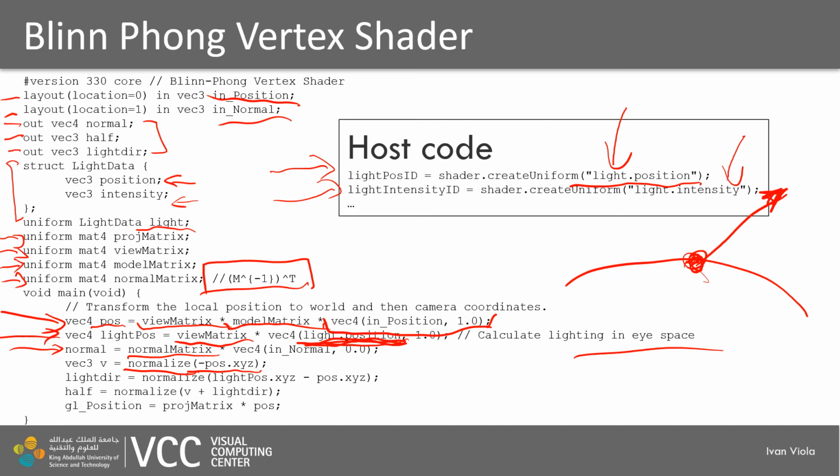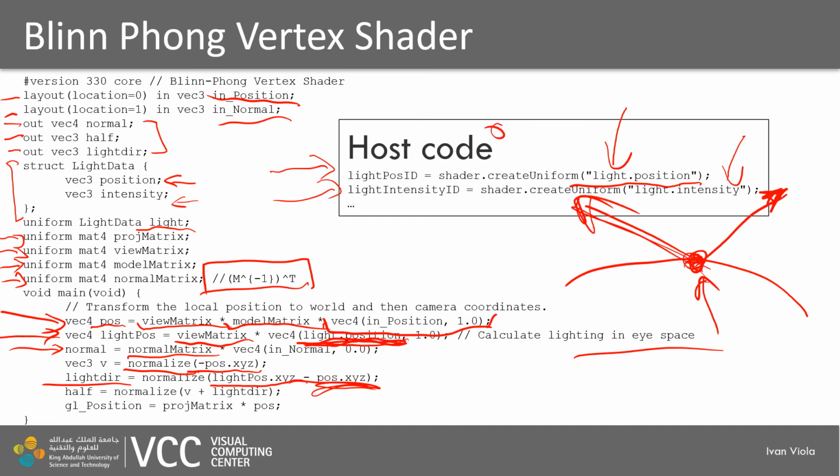The light vector is here, and we want to calculate it as the light position minus the position, which means that from our vertex on the surface, which is the position, we are then subtracting it from the light position to obtain this vector.